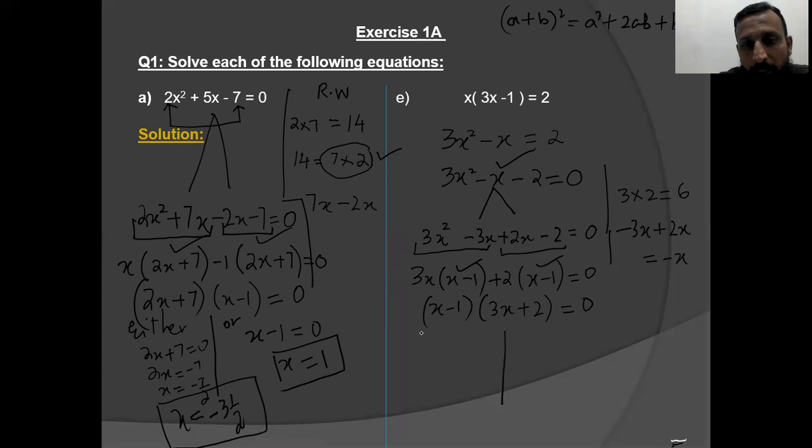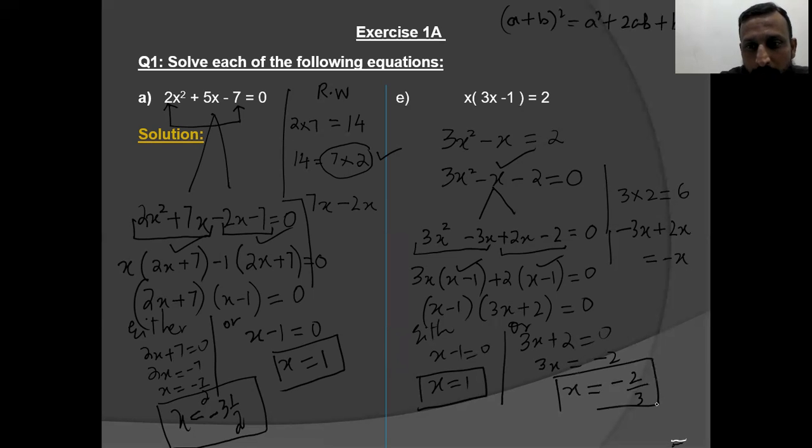So either x minus 1 is 0, that is x equals to 1, the first answer, or 3x plus 2 equals 0, 3x equals negative 2, x equals to negative 2 upon 3.